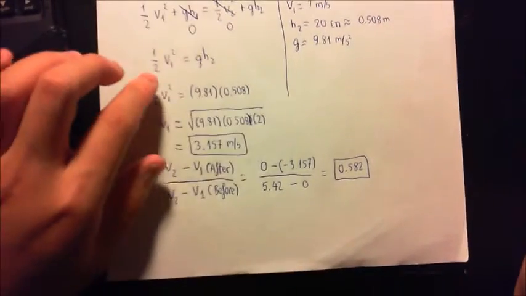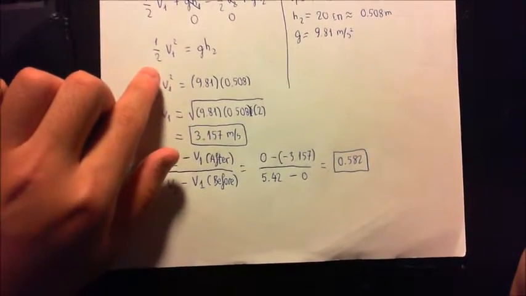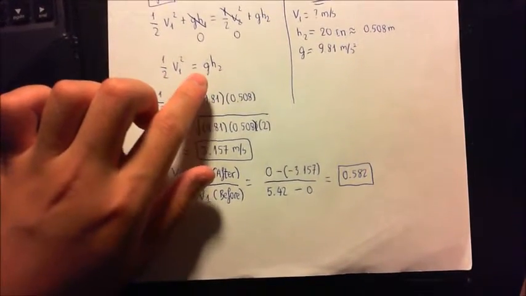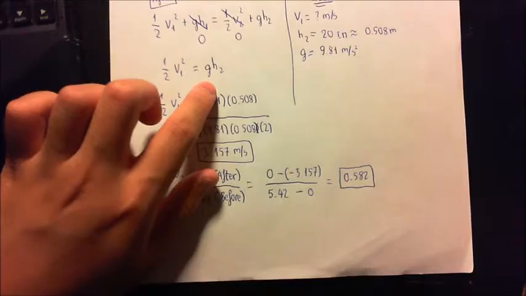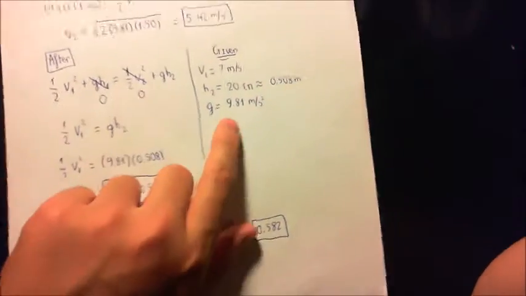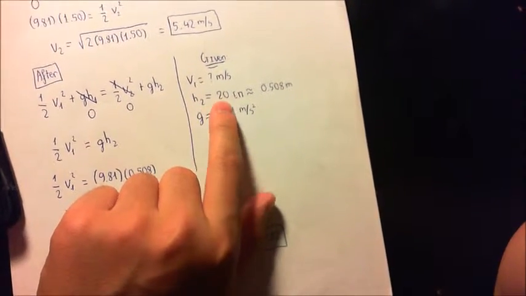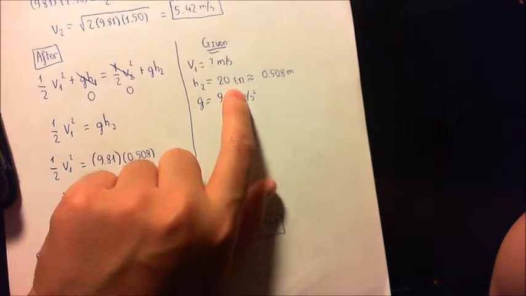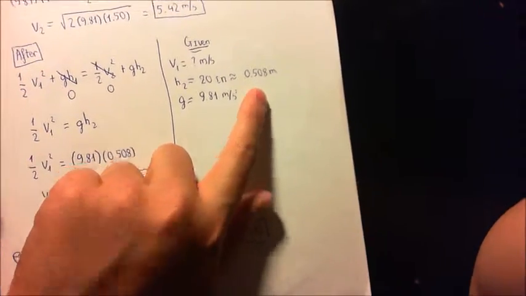And so I just solved them, and I got 1/2 v initial velocity squared equal to gravity times final height, or final position. And what I got from the experiment was the height, the final position, 20 inches, and that's equivalent to 0.508 meters.